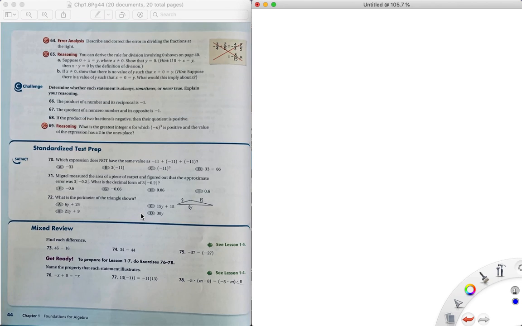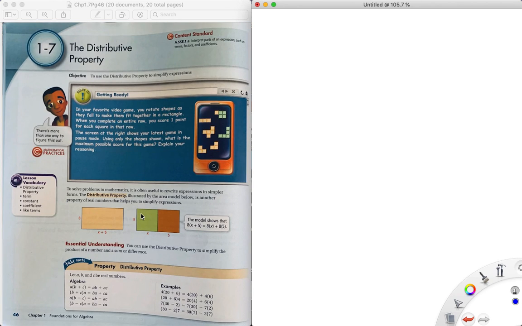Okay, so that's 1/6, and then 1/7 deals with the distributive property.